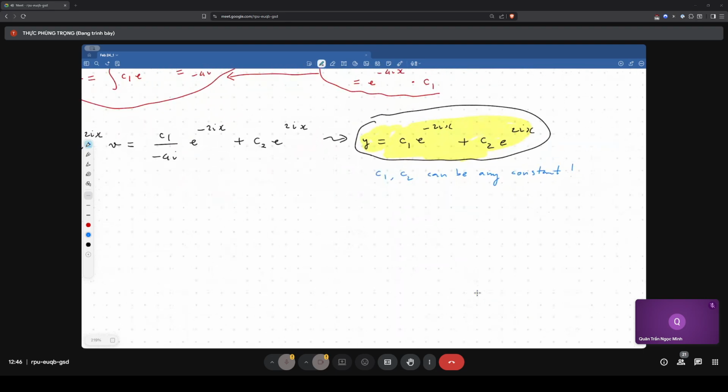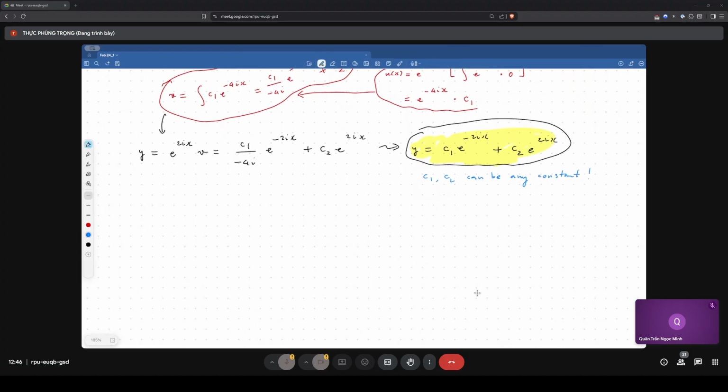If you want to do that, then from here you can continue and write this as C1 (cosine of 2s plus i sine of 2s) plus C2 (cosine of 2s minus i sine of 2s).